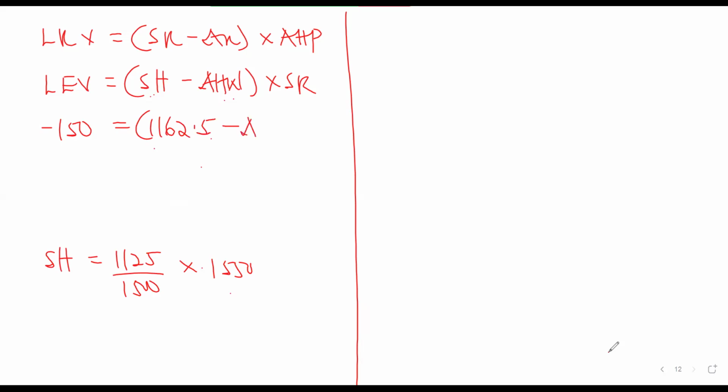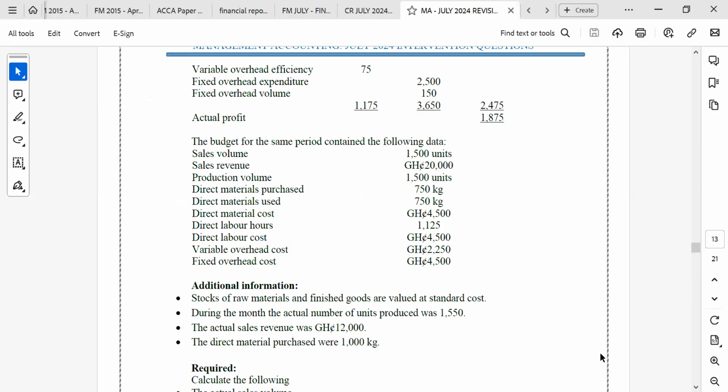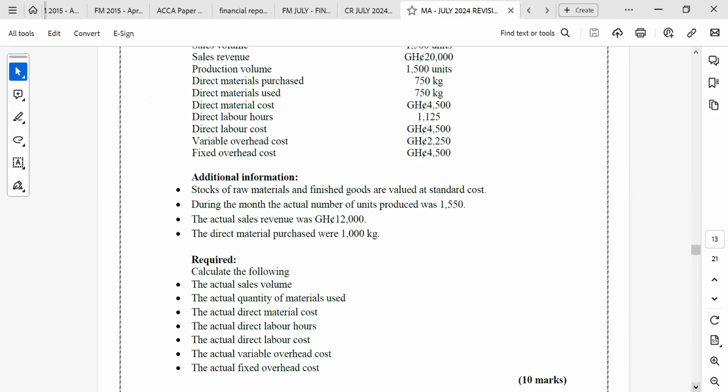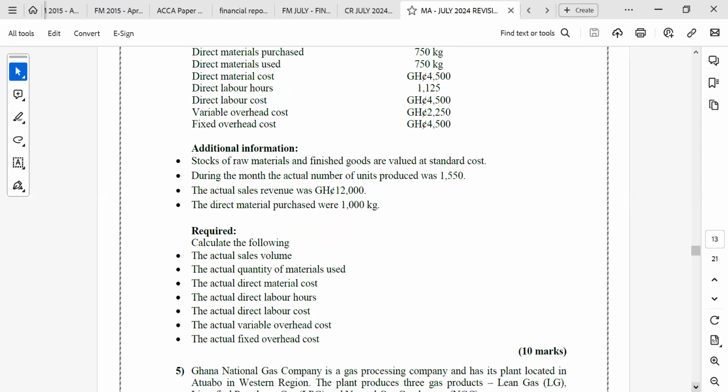We don't know the actual hours worked, so it is actual hours worked multiplied by the standard rate. Can we calculate the standard rate? Very simple. We can calculate that because we know the budgeted labor cost and we also know the number of hours. That will be 4,500 divided by 1125, so that will be 4 cedis per hour.